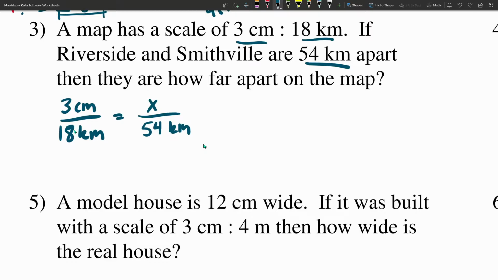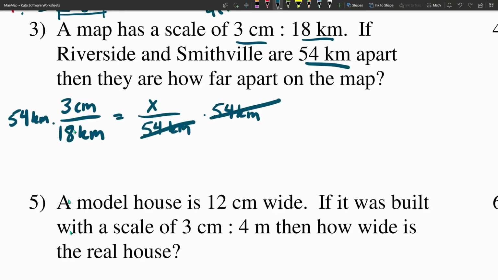Again, one-step equation, we're going to multiply by 54 kilometers to both sides. What this does is it gets rid of this 54 kilometers in our denominator because 54 divided by 54 is just 1, and 1 times x is x. So we're going to have 54 times 3 over 18, and 18 actually goes into 54 evenly 3 times.